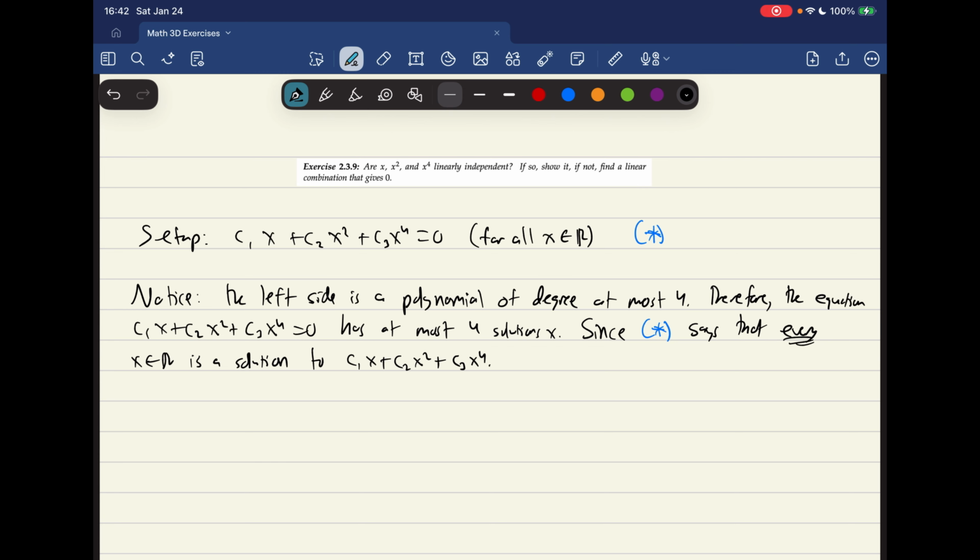In particular, it has infinitely many solutions. In particular, our polynomial has infinitely many roots.